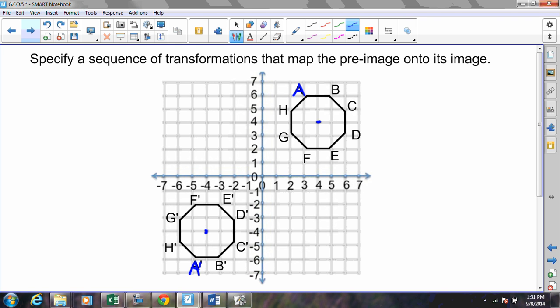But what happens with point B when you do that? If you rotate this 3 to the left, so A would go 1, 2, 3, and it does get the correct location matching what we had for A prime.